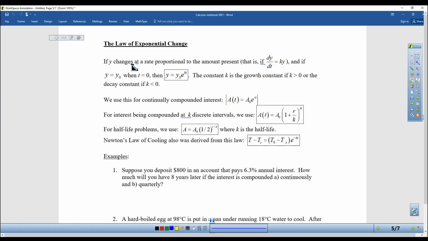So if y changes at a rate proportional, that means if one thing goes up, the other thing goes up, to the amount present. So if y changes, dy dt is y changing at a rate proportional. When two things are proportional, it's a constant times some amount. You might remember this is when two things are directly proportional.